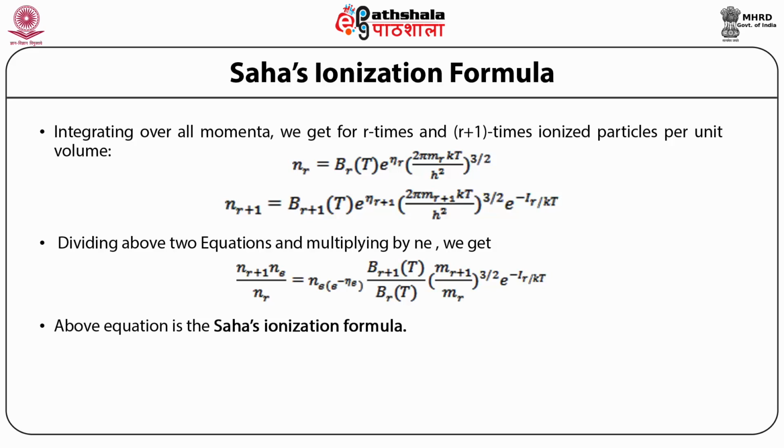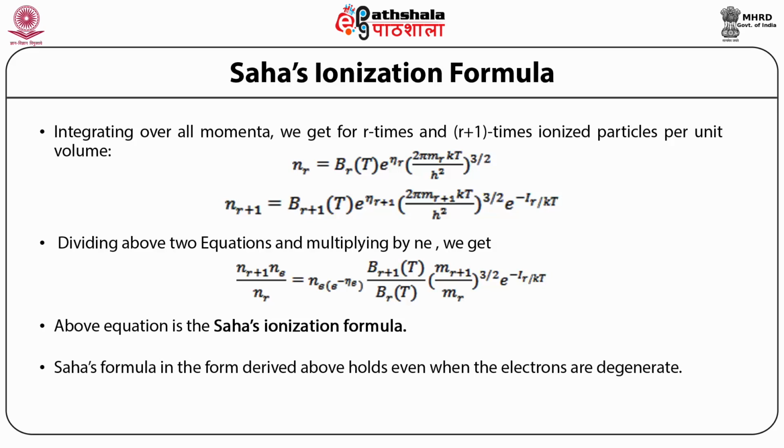This equation is called Saha's ionization formula. The quality of this formula is that Saha's formula in the form derived above holds even when the electrons are degenerate.